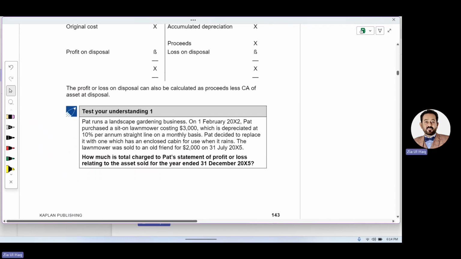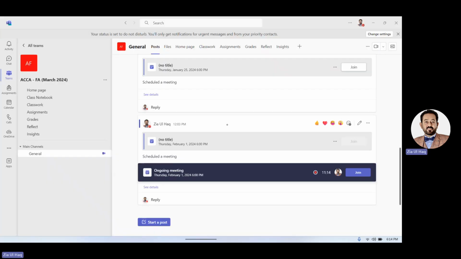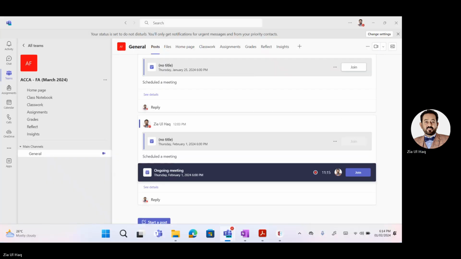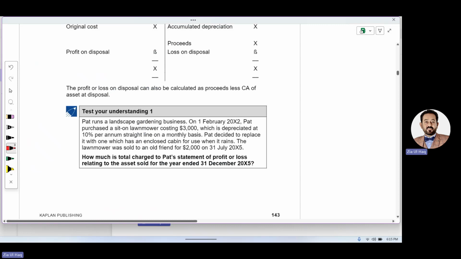Test your understanding one. Pat runs a landscape gardening business. On 1st February 20X2, Pat purchased a sit-on lawn mower costing 3,000, which is depreciated at 10% per annum straight line on a monthly basis.